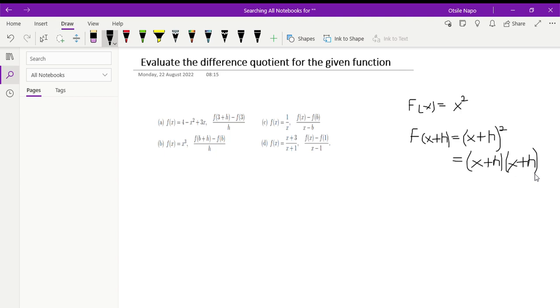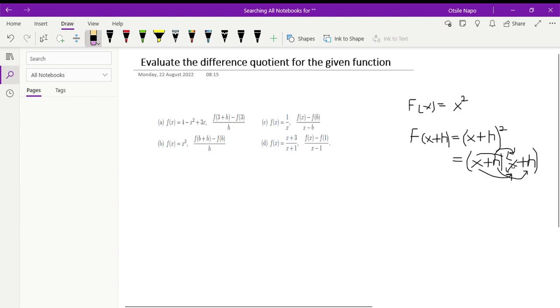Then you FOIL, multiply throughout. Let's erase here.